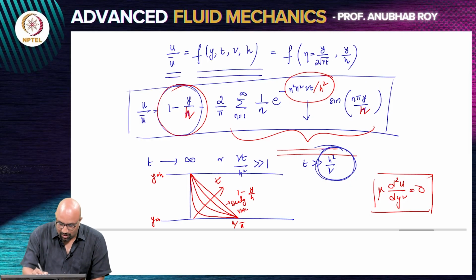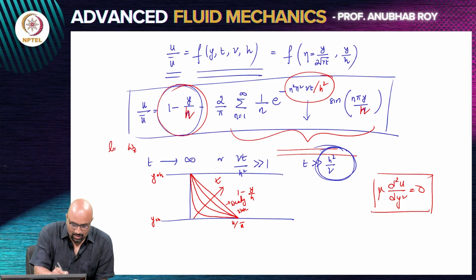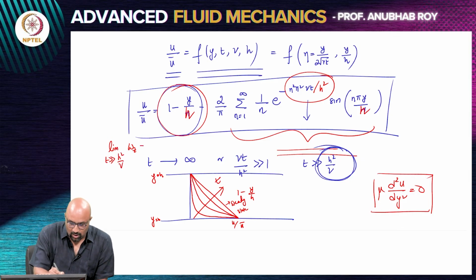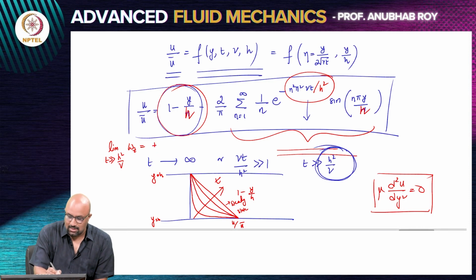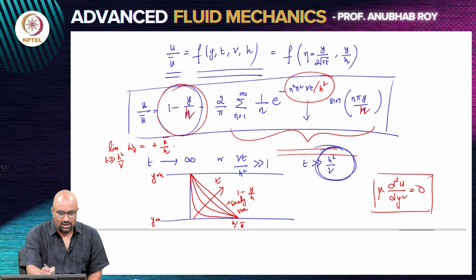The vorticity for the steady state, omega z, for large time is going to approach plus u bar by h, right? If you take the derivative, minus du dy is basically my vorticity, so that will become plus u bar by h.